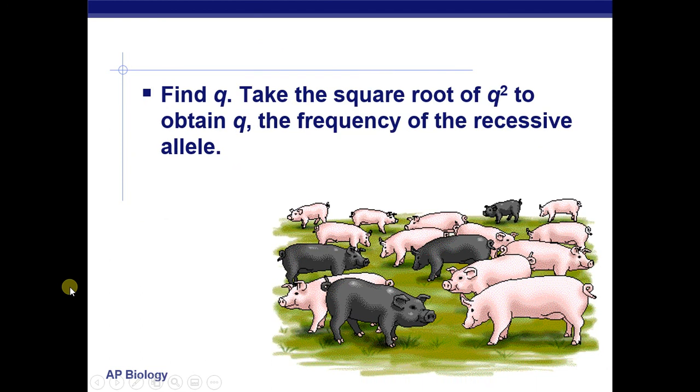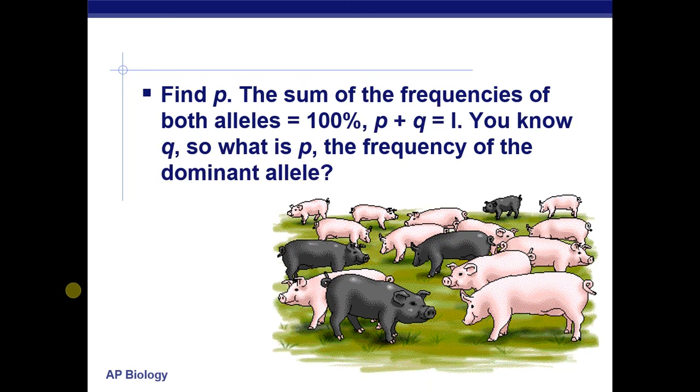So q squared is 25%. And then to find q, we just take the square root of 0.25. This is 0.5. So q is 0.5. The frequency of the recessive allele is 0.5. And we know that p plus q must add up to be 1. So if we subtract, we can find that the frequency of p is also 0.5.